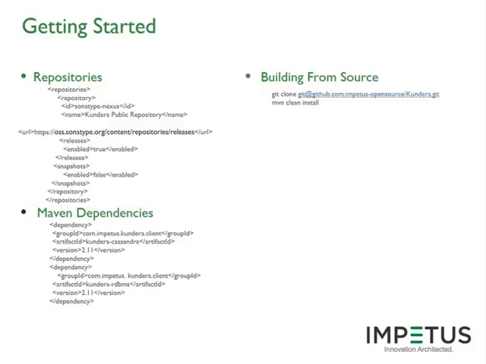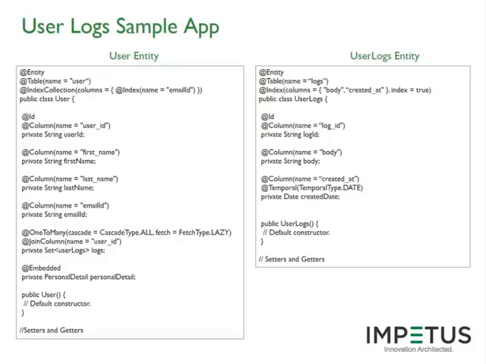The first thing to do to start using it is to download it and add it to your project. Again, as mentioned earlier, Kundera is a JPA2 compliant solution. So in order to start using it, all you need to do is define your entities corresponding to your data schema just in the JPA way, as you can see on the screen.